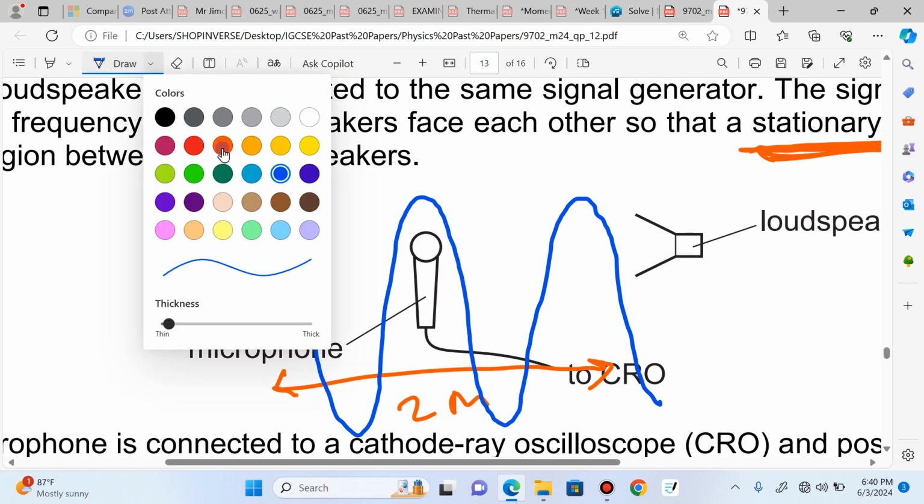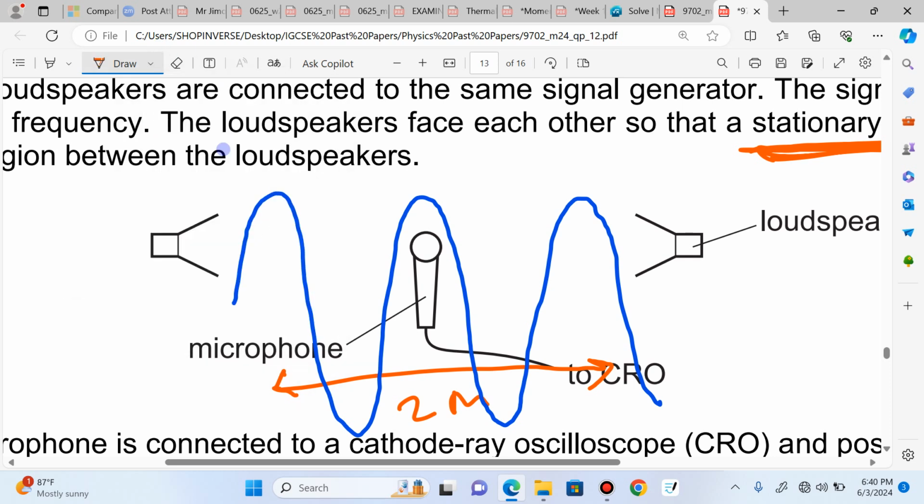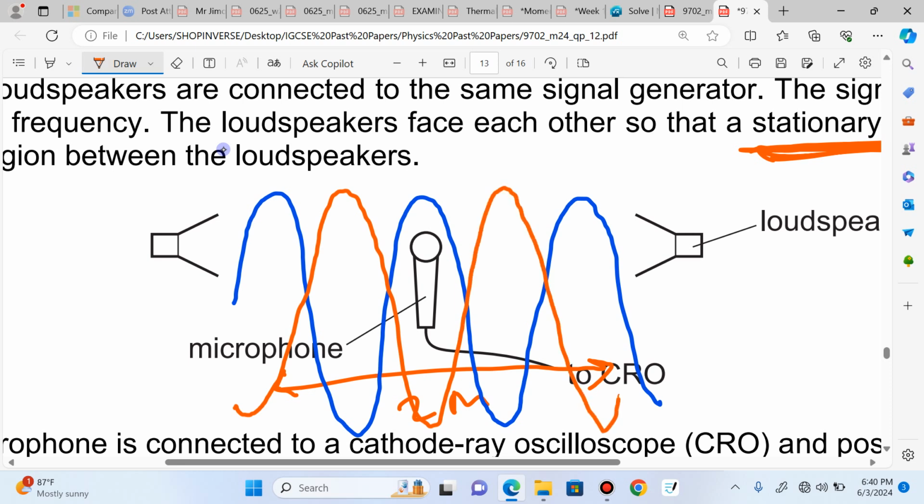And let me draw the waves coming from the second speaker. The second speaker would give me something like this. You want to have a node at an antinode. So I can have something like this for the second speaker. 1, 2, 3.